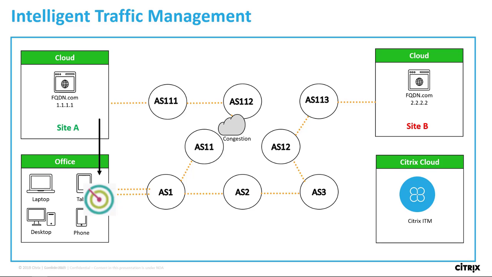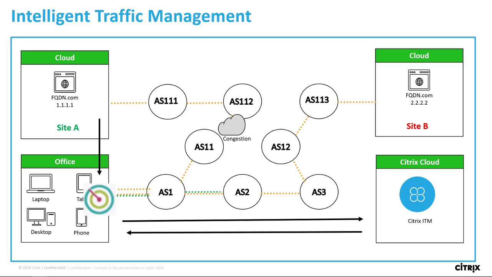So then on future queries from that autonomous system, it could be the same office, it could be the same customer, a different customer, ITM is going to recognize that now there's a better path, and it'll respond with a public IP of site B for that same internet service or that same website, for example. So that's a really high-level overview of how ITM builds this massive database and ultimately how it directs those Citrix Workspace endpoints to the nearest Gateway service POP.